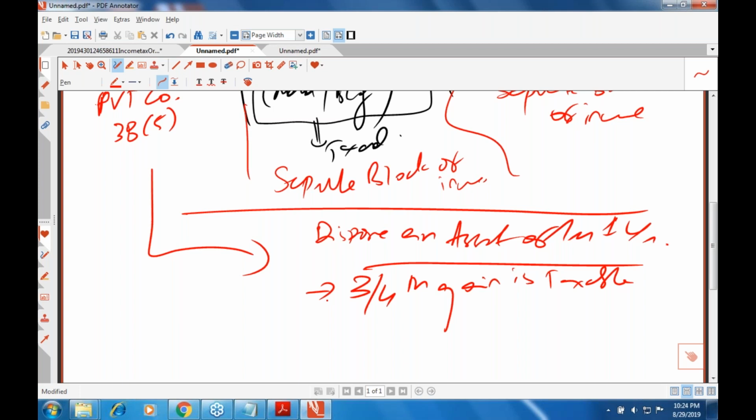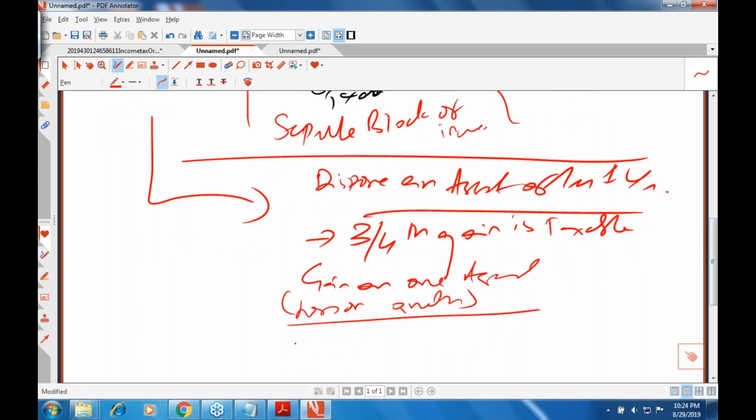Also, remember one thing: if you have, let's say, a gain on one asset and a loss on another, then this gain or loss can be offset in the current year. But the exception is items under section 38 subsection 5, where the loss cannot be adjusted against any other gain.